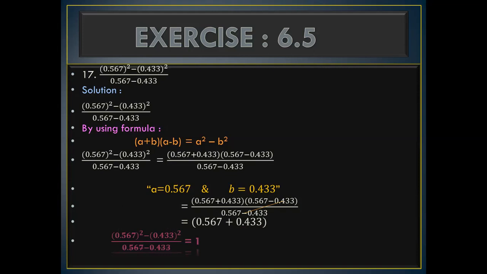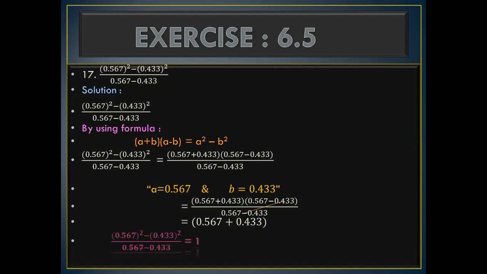So no formula we can apply here, only we can apply the formula in the numerator, because two terms are given in the form of square and there is a negative sign between them. It means that we apply there a plus b into a minus b. A plus b, 0.567 plus 0.433 into a minus b, 0.567 minus 0.433.